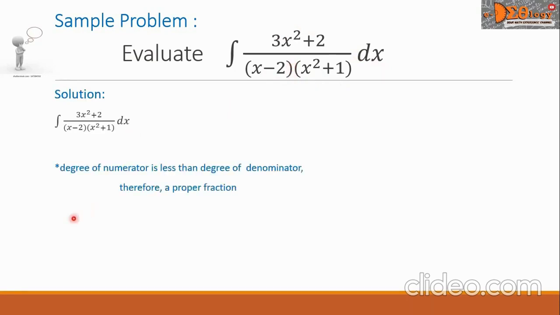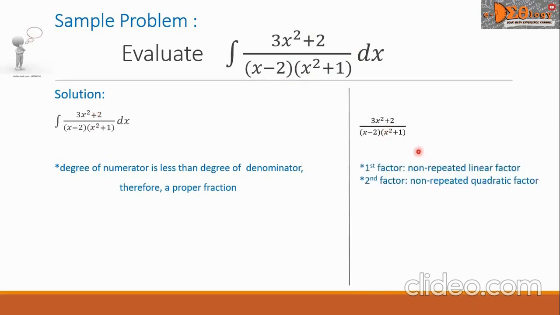We take note that the degree of the numerator is less than the degree of the denominator. Therefore, this is a proper fraction. Let us copy this fraction on the right side. Analyzing our denominator, we can see that the first factor is a non-repeated linear factor, while the second is a non-repeated quadratic factor.